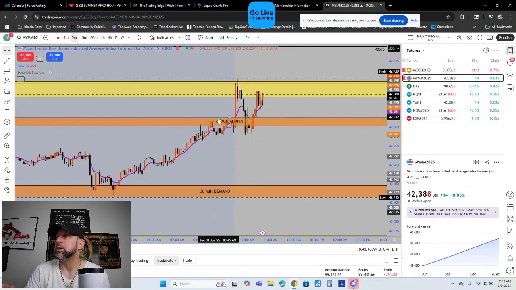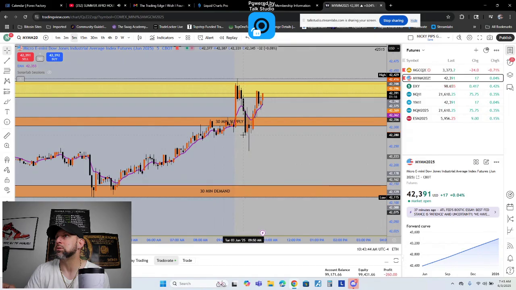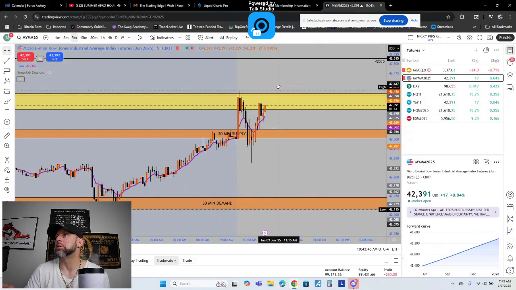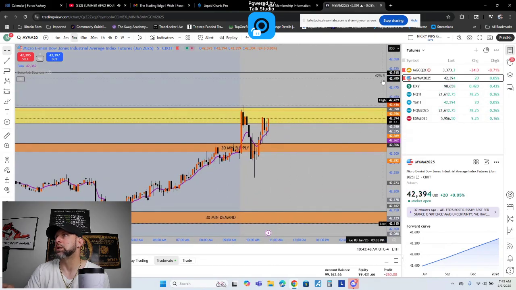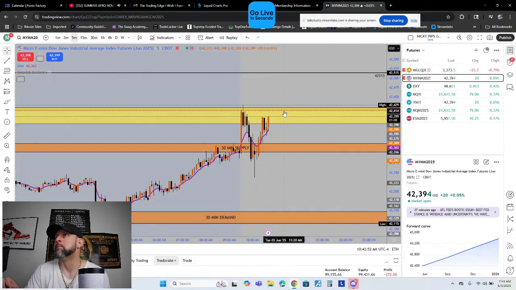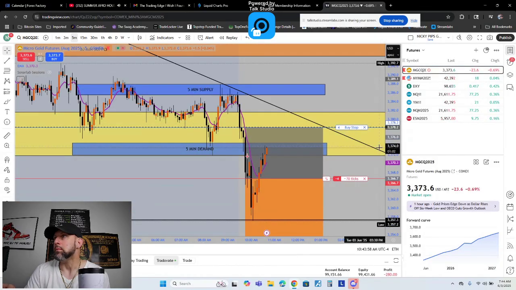Could have got in right here, put stops probably at this previous candle right here, and took a buy position, which more likely is probably going to hit 42,515. That's a psychological number, so it could very well tap into that.